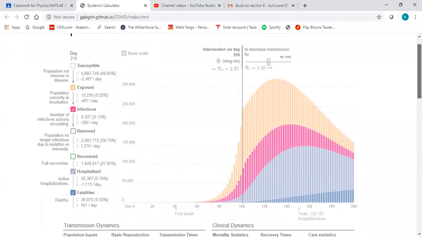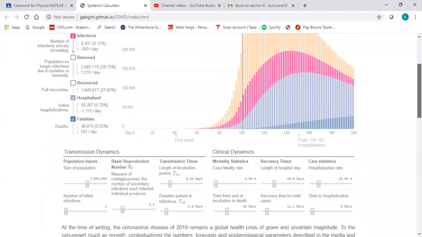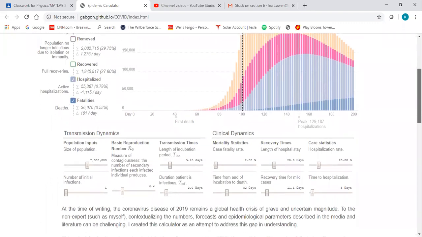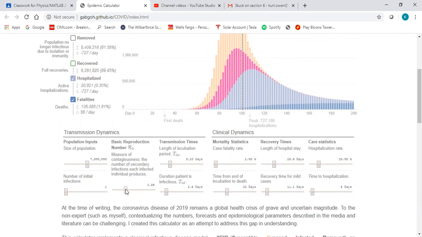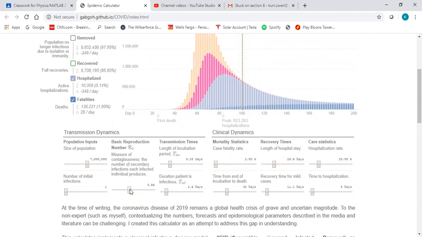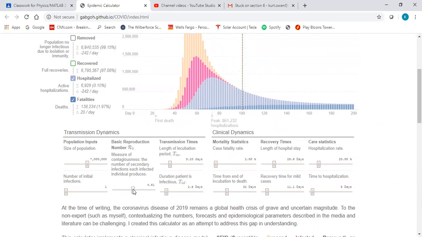Now, another thing you'll see, down here below the video, we can change all kinds of things. These are lesser things to be able to change. So we can change the R naught value. I think that's going to change as we raise that up.